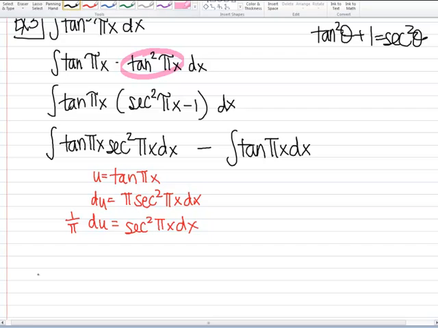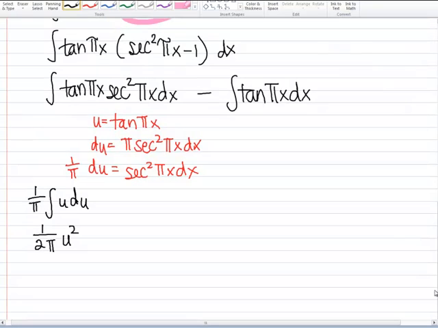Plugging this in, we're going to have the integral of 1 over pi times u du, which is 1 over 2 pi u squared, which is 1 over 2 pi tangent squared pi x.